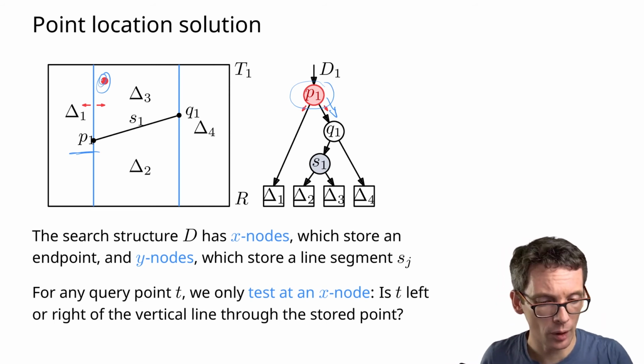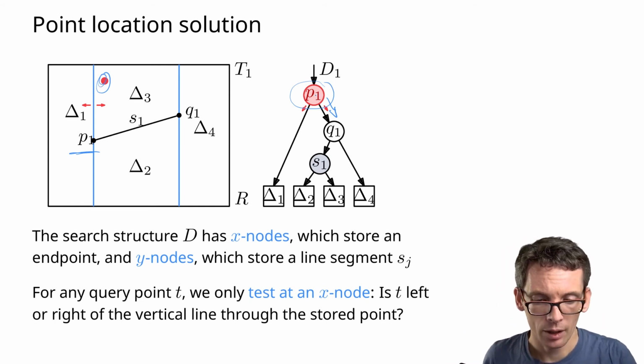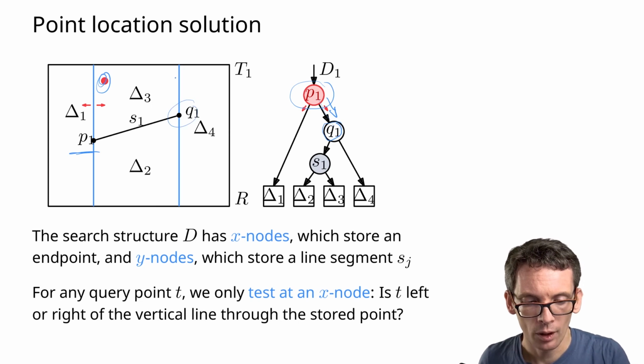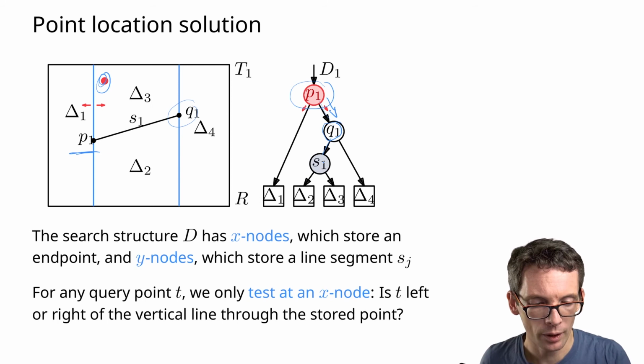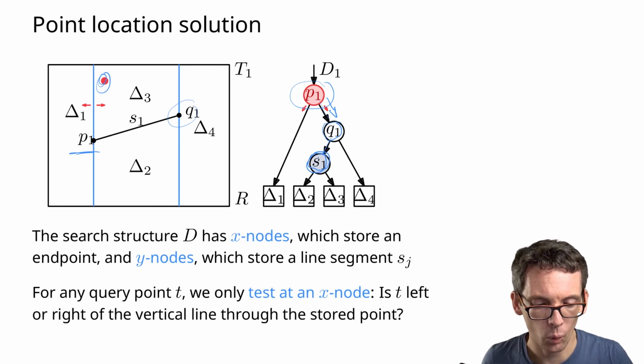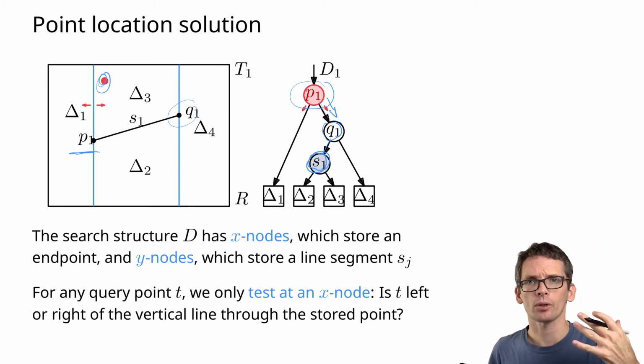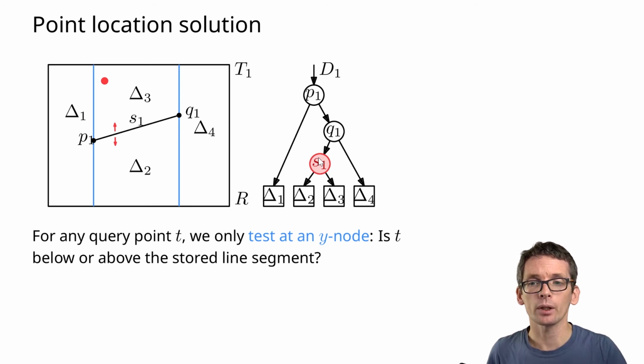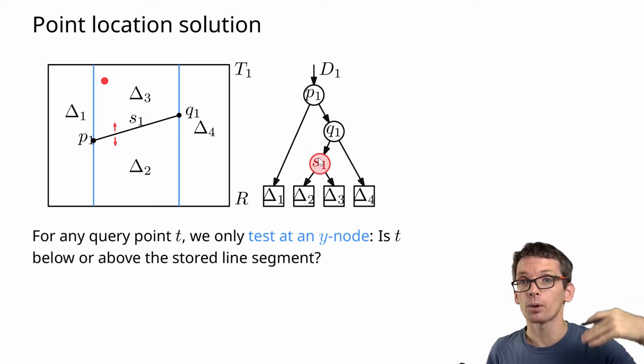For this query point we see it's to the right of P1. Then we have an X node for Q1. We see we're to the left of Q1, and then we end up at this Y node, and the Y node corresponds to a segment, and at the Y node we test whether we are above or below that segment.